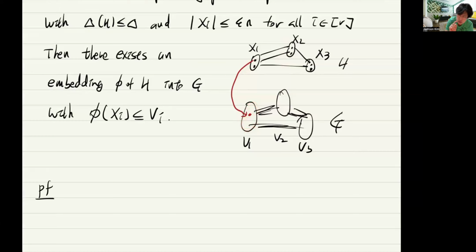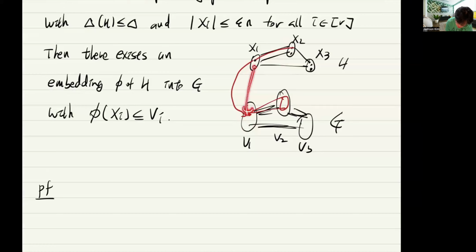So one vertex decreases. But for this vertex, let's say they were adjacent. Then now it has to be mapped into the neighborhood of this vertex. So you consider this neighborhood, and this vertex's candidate set shrinks. On the other hand, if this is not adjacent to this vertex, then it still has the same candidate set.